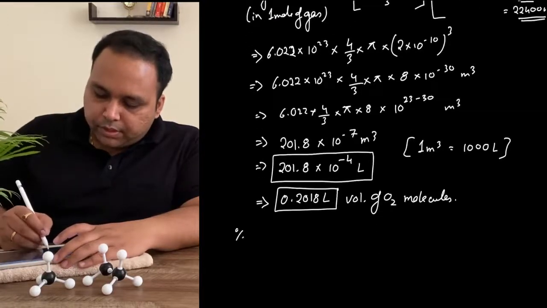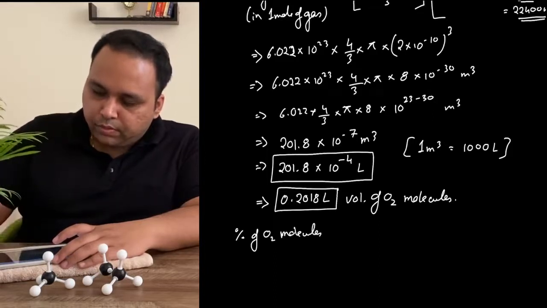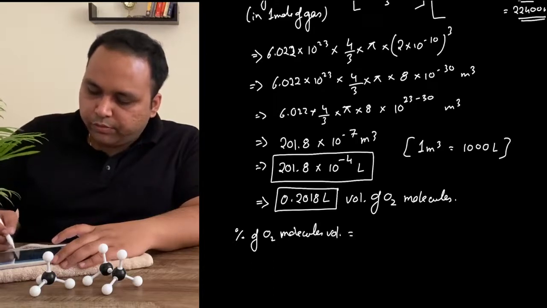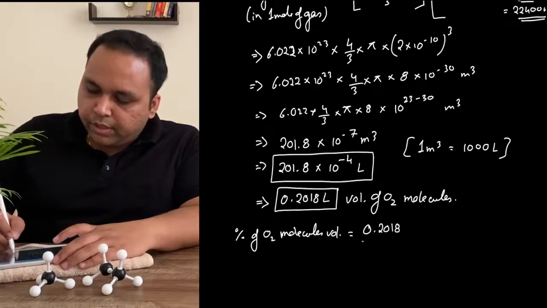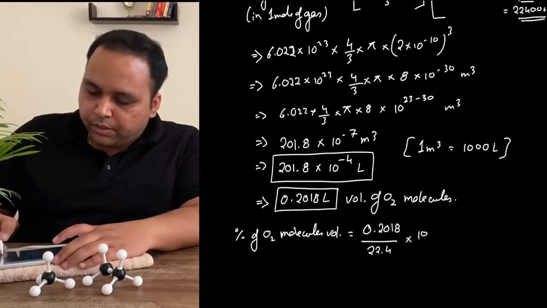So the percentage of O2 molecules volume will be the volume of O2 molecules, 0.2018, divided by the volume of the gas, which is 22.4, into 100.